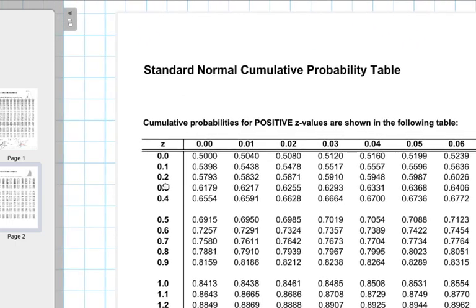You can see here we don't have a negative in front of these values, but the second page is read exactly the same as the first. So there you go. You can use this chart to find the probability you're either to the left of a particular value or to the right, and we'll discuss how we can figure out the probability we're between two values and stuff like that a little bit later on.